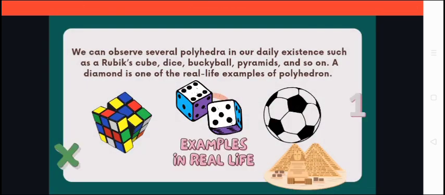Now, examples in real life of a polyhedron. We can observe several polyhedra, the plural of polyhedron, in our daily existence, such as Rubik's Cube, dice, bulky ball, pyramids, and so on. A diamond is one of the real examples of a polyhedron.